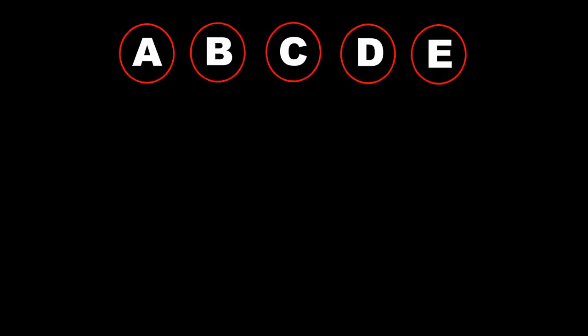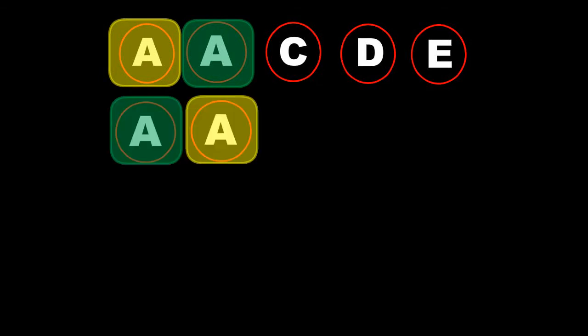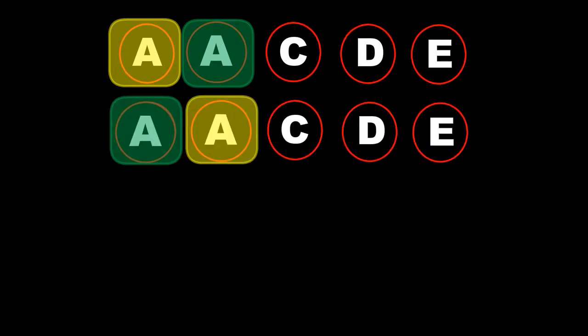However, I do want to highlight why the objects need to be distinct or the formula won't work. For our 5 balls example, let's just swap ball B with another ball A. Now 2 balls are indistinguishable from each other. To illustrate the idea, let's first color these 2 ball As. When we draw the balls in order, we could end up having one scenario where we first draw the yellow ball A and then green ball A, while in another scenario, we first draw green ball A and then yellow ball A. However, let's not forget, we add the color ourselves.